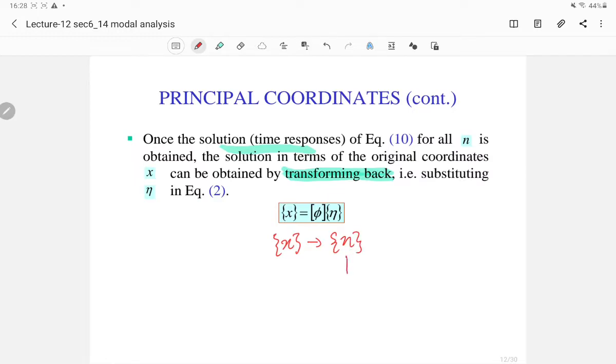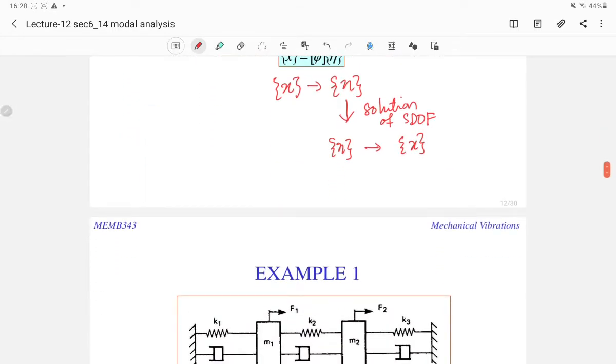After you get the solution, using the solution of a single degree of freedom system, you need to transform back from eta to x, because the final answer should all be in x. That's why you have to transform back.